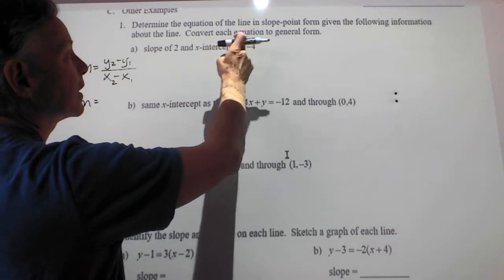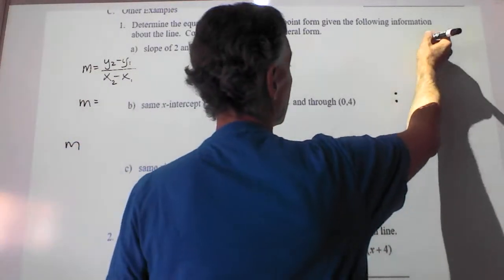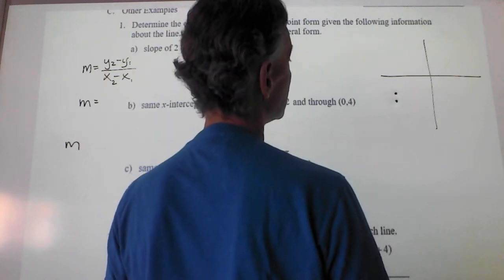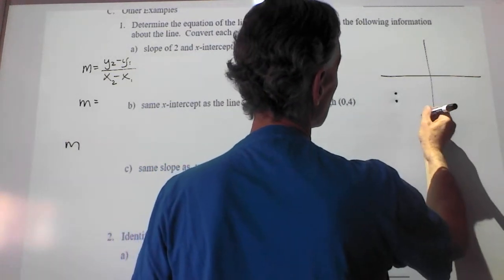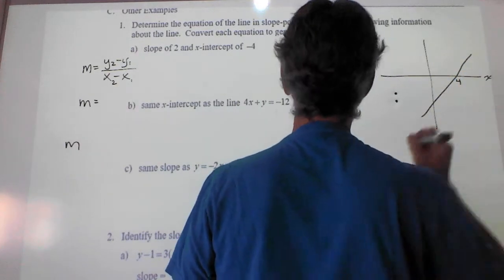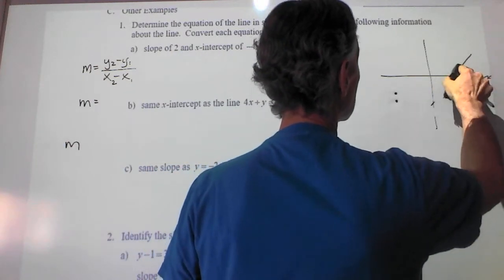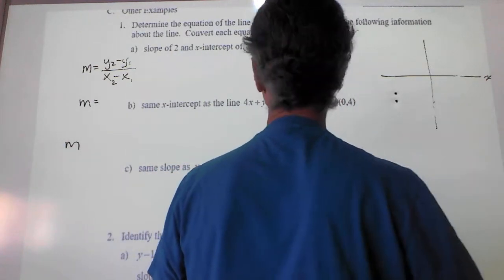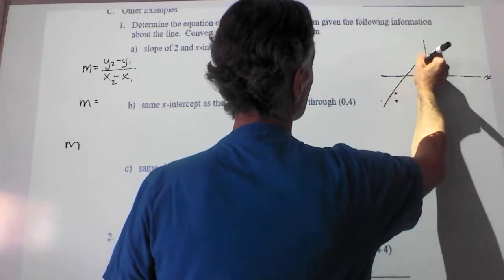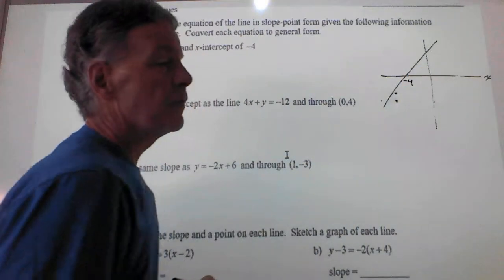When they tell you the x-intercept is -4, remember what that means. That means you have an equation, and that equation crosses the x-axis. Let's back that up. I didn't see that it was a -4. That means it crosses the x-axis at -4.